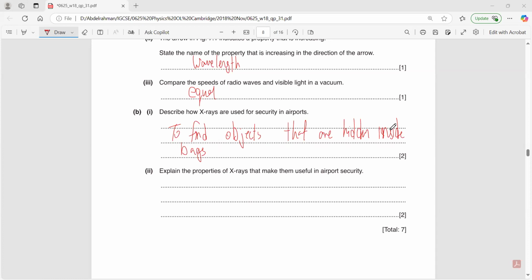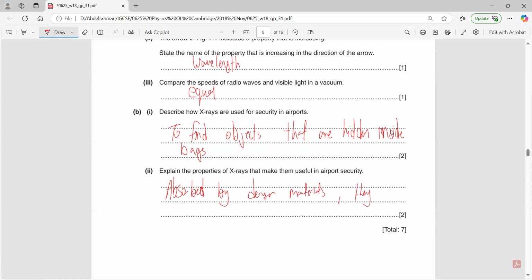They are absorbed by denser materials, and that's why they appear on the X-ray scans.